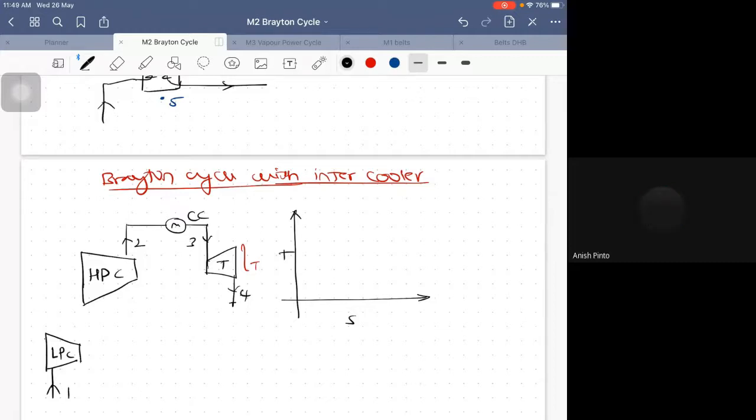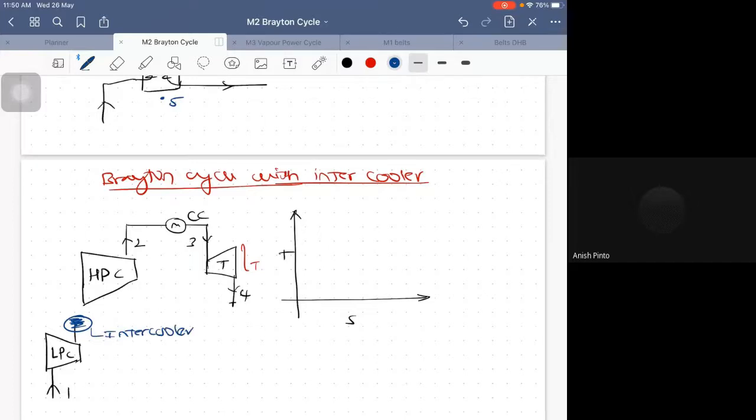High pressure compressor. So there will be an HP compressor and there will be an LP compressor. First air enters through state 1. First it enters the LP compressor. Later the output, whatever you get, is cooled by an intercooler. So here you will be having an intercooler. This particular thing I would call an intercooler.